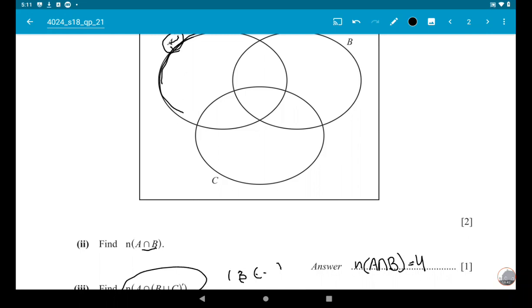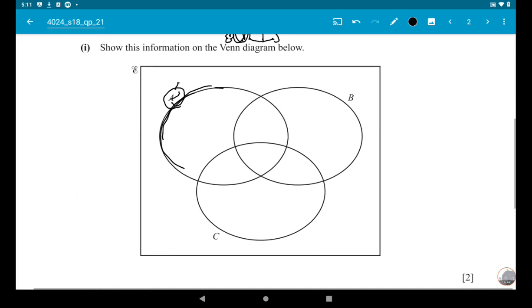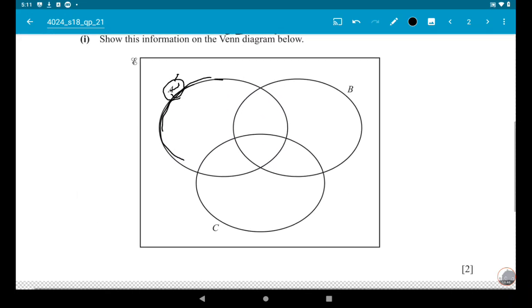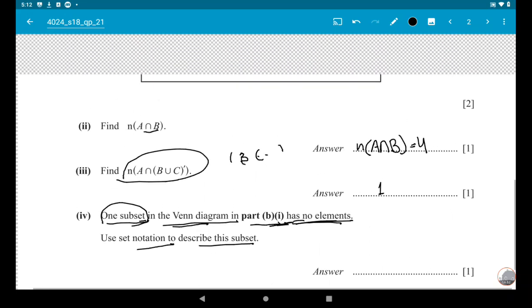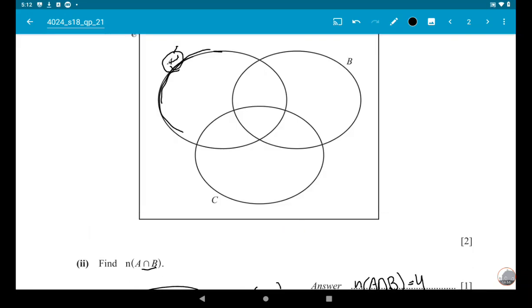If we put complement, then how do we write this statement? For example, the statement is: part has no element, okay? If one has no element, then we will write A complement intersection B intersection C. So the statement will be like this.